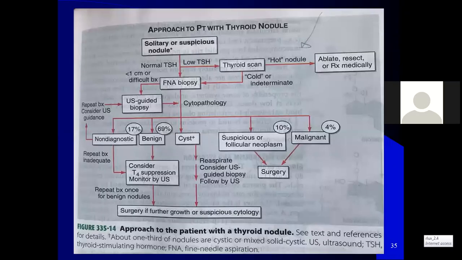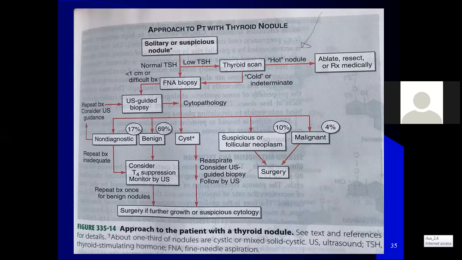Here you can see the approach to the patient with thyroid nodule. First, if there is a solitary or suspicious nodule, then the first thing we have to do is check the TSH level. If the TSH level is low, then we have to go for the thyroid scan.